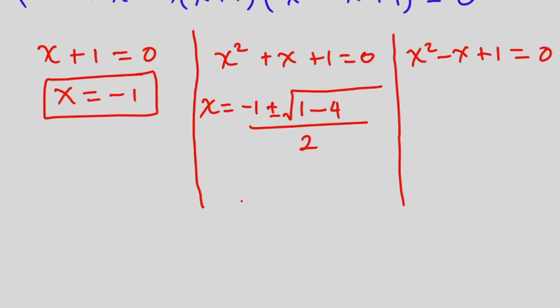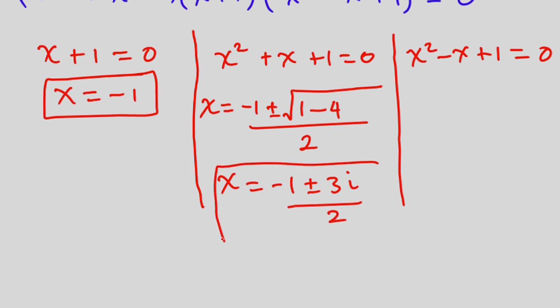And if we simplify this further, we have x is equal to minus 1 plus or minus. Now the whole of this one is going to give us negative 3, square root of negative 3, that is root 3 i, all divided by 2. And these are the two solutions that we have gotten for this equation right here.